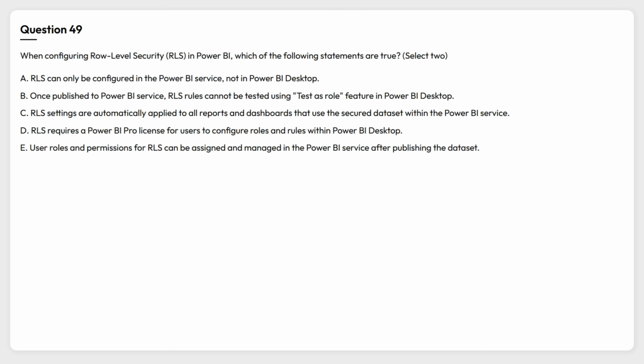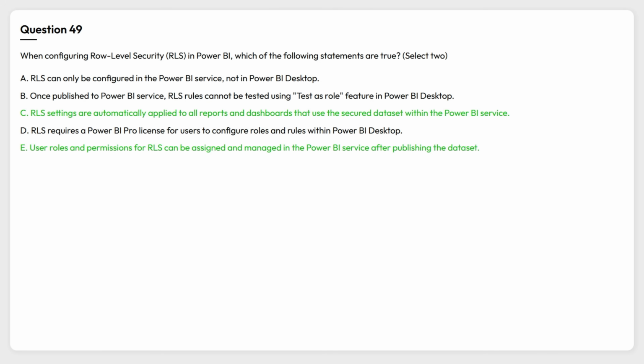Option C. RLS settings are automatically applied to all reports and dashboards that use the secured dataset within the Power BI service. Option D. RLS requires a Power BI Pro license for users to configure roles and rules within Power BI Desktop. Option E. User roles and permissions for RLS can be assigned and managed in the Power BI service after publishing the dataset.